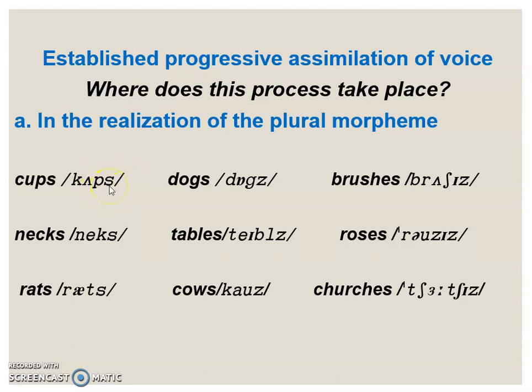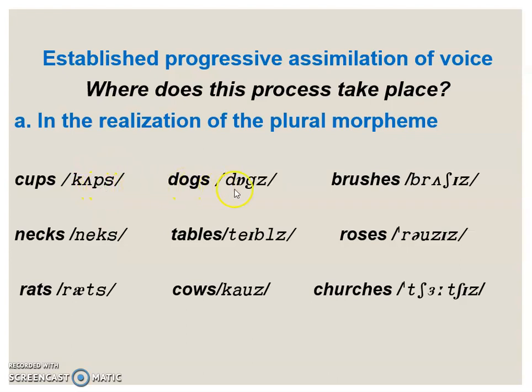That's why it's a case of assimilation, because 2 sounds are similar. In this case, both sounds are voiceless. So, this is a case of established progressive assimilation of voice, where the plural morpheme is realized as a voiceless sound, s, because the previous sound is voiceless too.